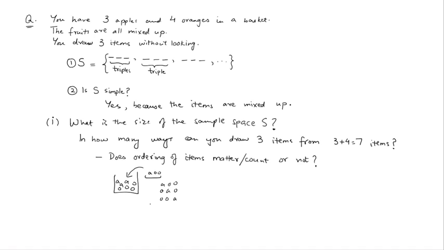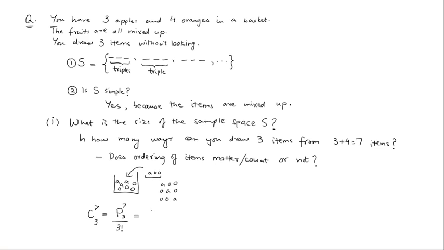And when ordering does not matter, then the number of ways that you can pick 3 items from 7 items is given by the combinations formula, which is just the permutations formula, in which ordering does matter, and you divide the number of permutations by the number of orderings of each set, because we don't want to count the individual orderings.